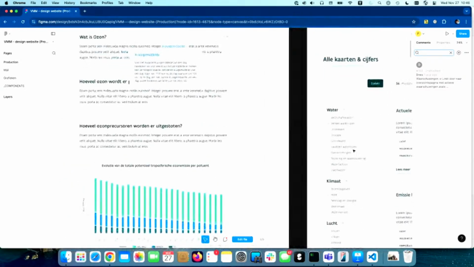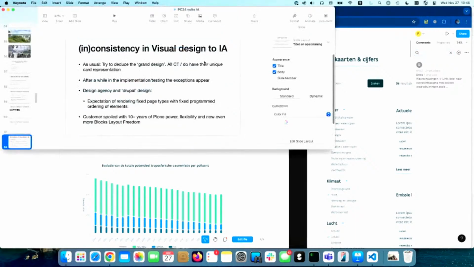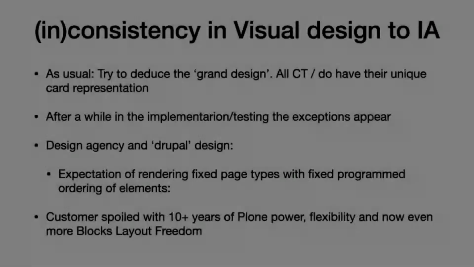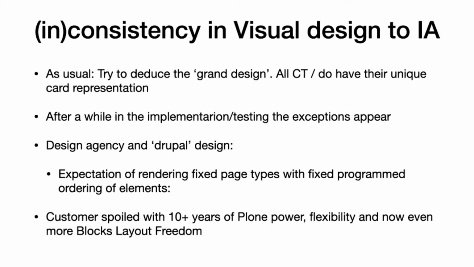A service always looks like this, but without the white background. So like, okay, then we'll implement that. And then next bullet point, after a while in the implementation, all the exceptions appear. Yeah, but on this page, we still want to have it a little bit different. On this page, we're never going to mix different content types in a grid teaser combination or a listing, except on these 10 pages.